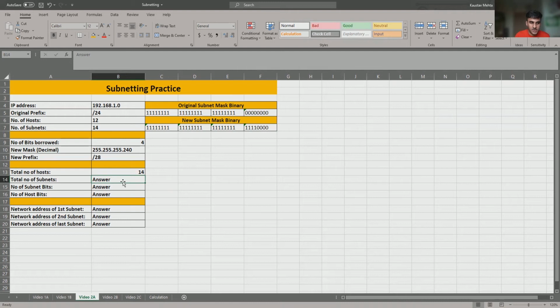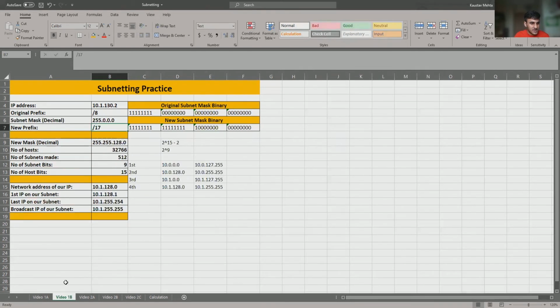That's how we subtract 2. Number of subnets will be 2 to the power of number of bits that we've taken. So 16, because we've taken 4 bits. We're not subtracting anything here. Number of subnet bits will be 28 minus 24, so 4. Number of host bits will be 4, because we're left with 4 zeros.